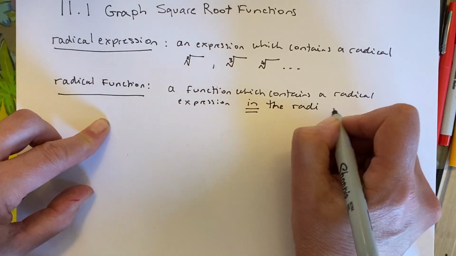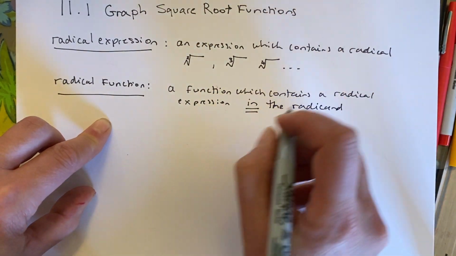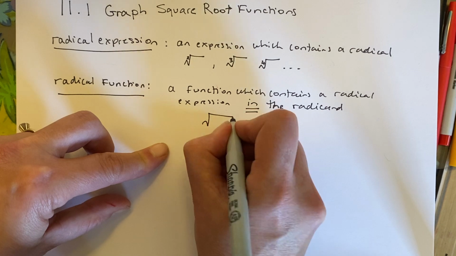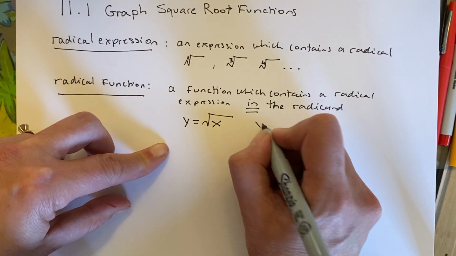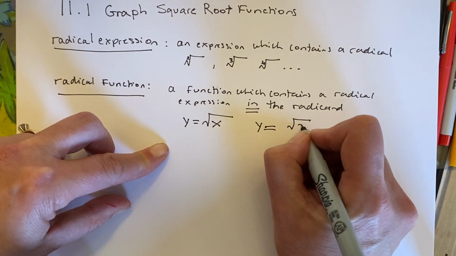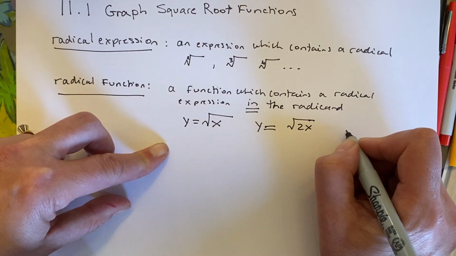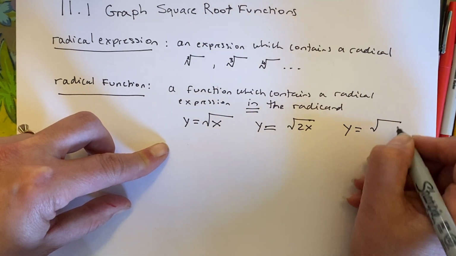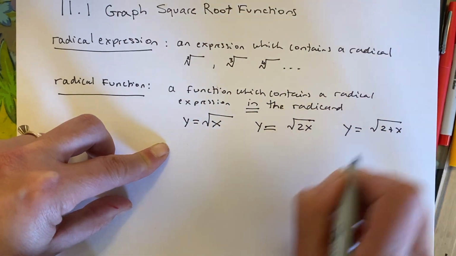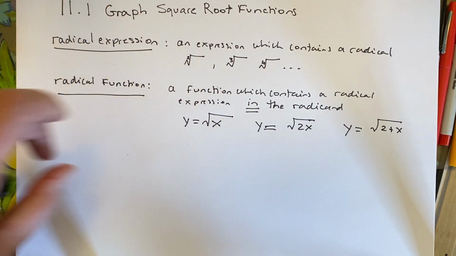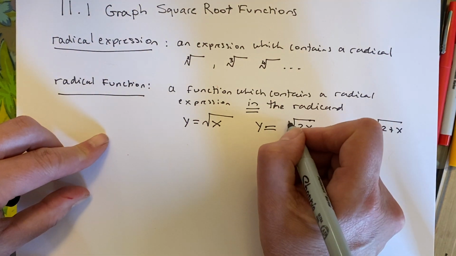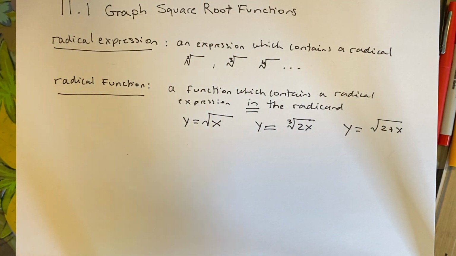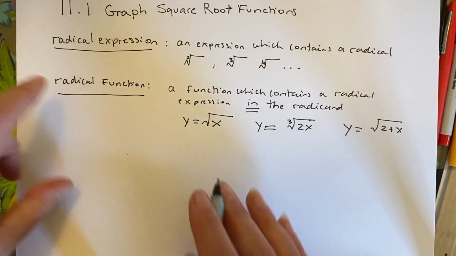In other words, the x or the y or whatever variable is inside the square root. So that is a radical function. This is a radical function. This is a radical function. Because each of them is in the square root. Actually, let me just throw in a cubed root here, so we're still just talking about radicals.